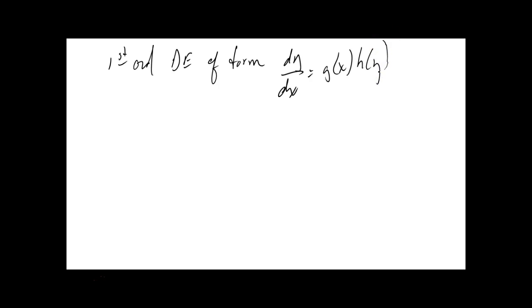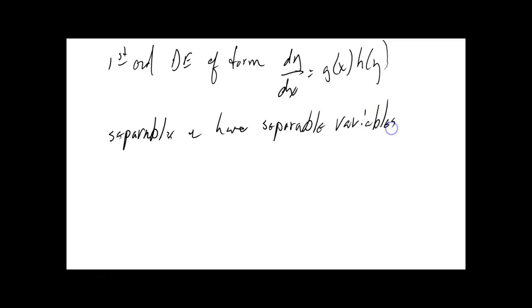If you can separate, factor the right-hand side into an x dependence and a y dependence, that is said to be separable, or to have separable variables, okay? So it's called separable, or have separable variables. Usually we just shorten to say it's a separable form, okay?